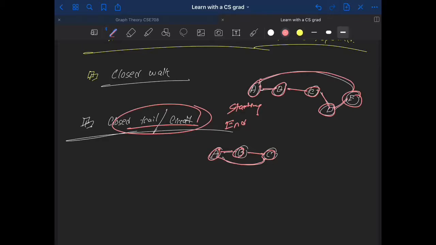Here we are not repeating any edges, we are just taking different edges to reach the same node again. However, if we go from A to B and take the same path back to A, this wouldn't be a closed trail or a circuit.